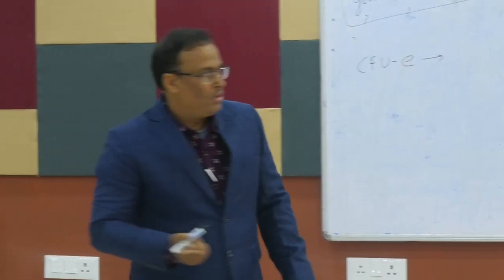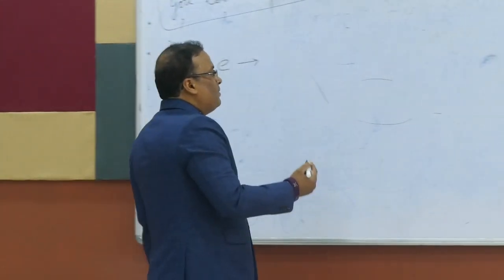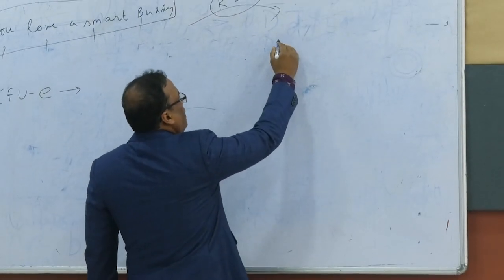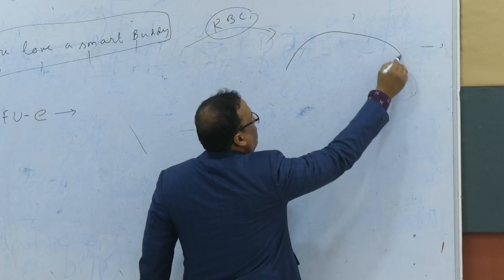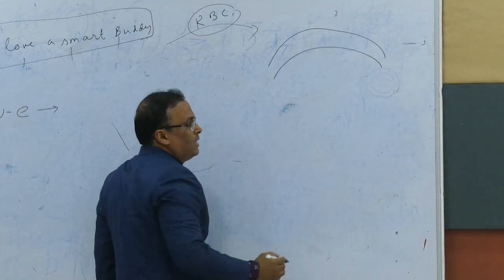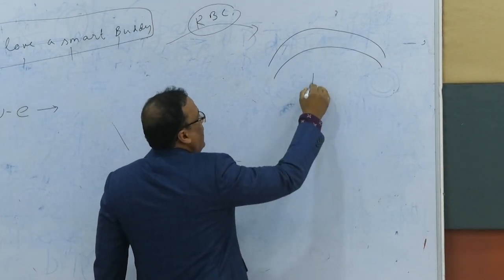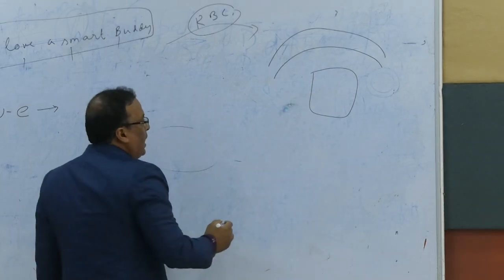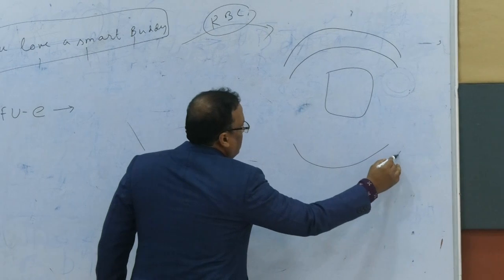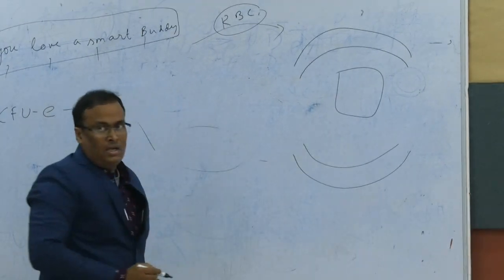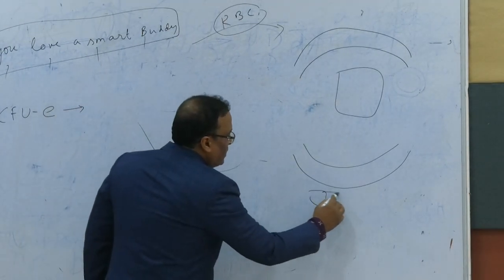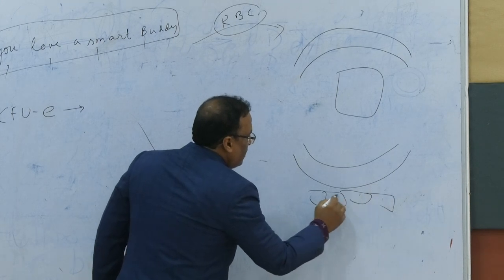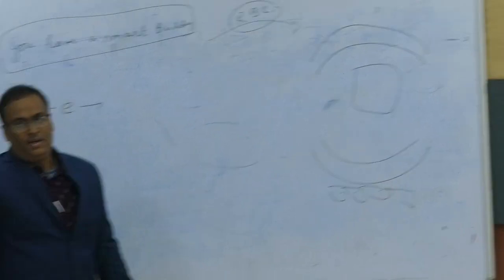So that means, if I imagine a circulation, okay? There are circulations, here is a heart, and then another circulation is there, and here I have tissue. So what will happen?